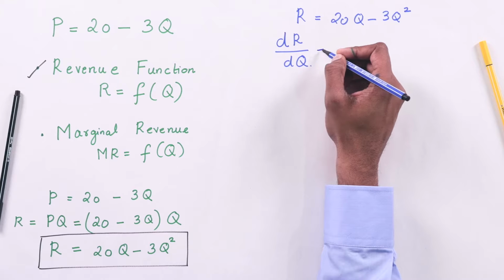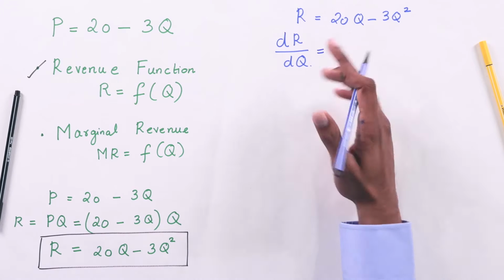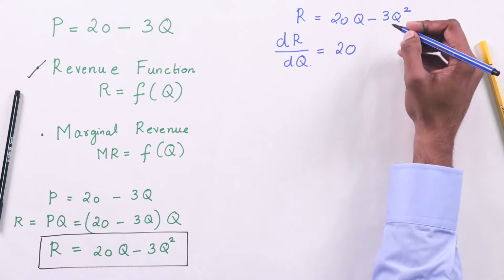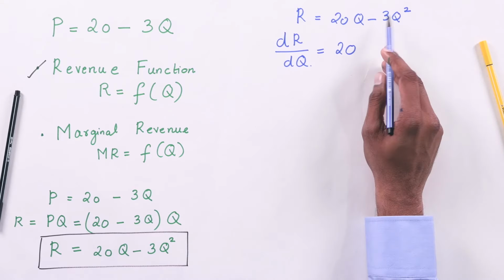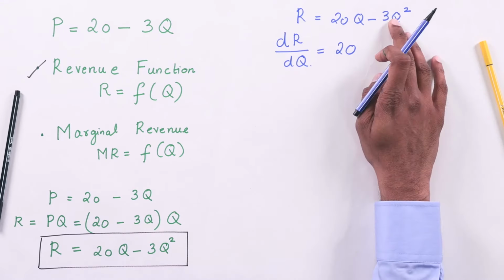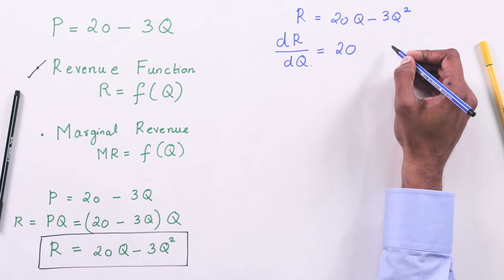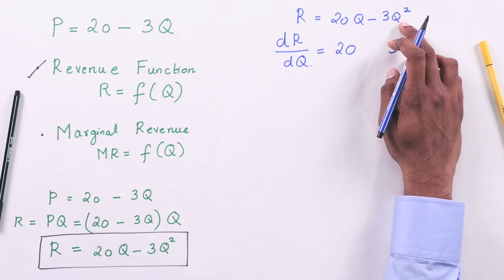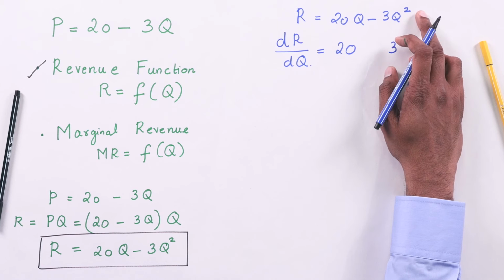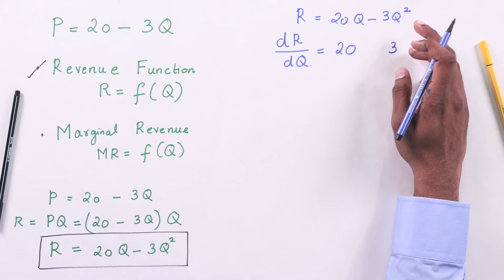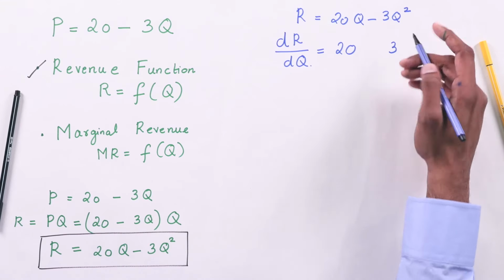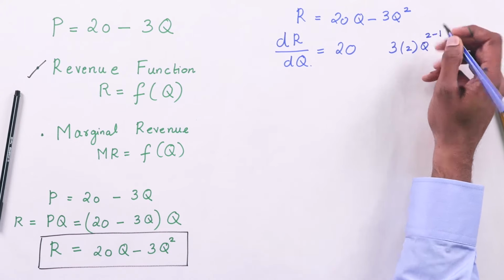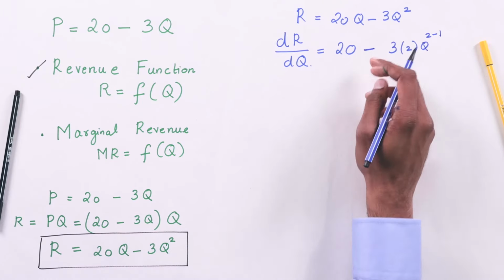So, you have the first term is 20 times Q, the derivative of that is just 20, and the second term is 3Q square, where the 3 is the leading coefficient, and when you take the derivative of that term, the 3 simply comes through, and then Q square is of the form Q to the power n, and therefore, the derivative of that function is n times Q to the power n minus 1, that is 2 times Q to the power 2 minus 1, and the negative symbol just comes through.